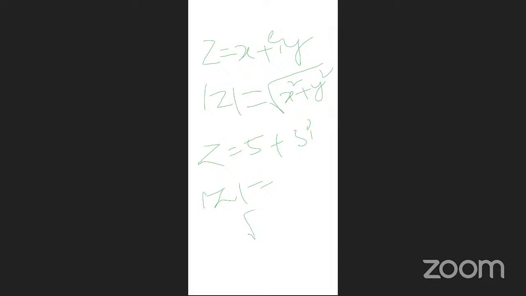Here x equals 5 and y equals 3. Then x square becomes 5 square, and 5 square value is 25. And y square value is 9. Therefore we get 34, so mod z is root 34. This is called the modulus of z.